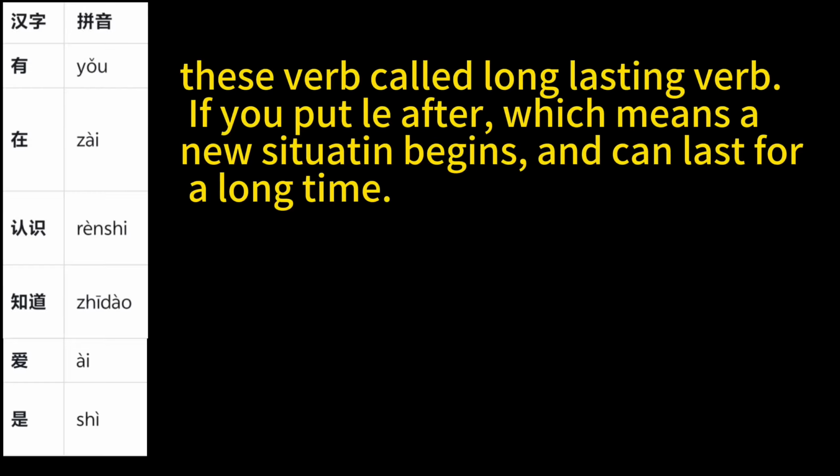If you put 了 after this kind of verb, it means a new situation begins, and then this new situation can last for a long time, such as 有, to have, 在, being or be at, such as 我在家, right? 认识 or 知道 means to know, or 爱, to love. 是, to be, I am 翠翠, 我是翠翠.